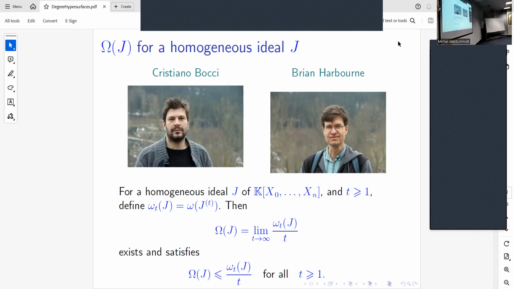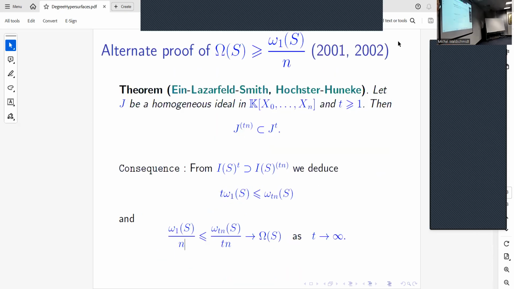This capital omega is defined now for any homogeneous ideal. They prove that it exists and that it is bounded by this. This is the upper bound. What is missing is a lower bound, and they have some lower bound, which comes from the work of Ein, Lazarsfeld and Smith, and also Hochster and Huneke.